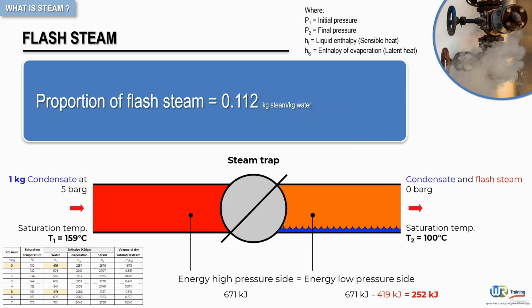So, 0.112 kilogram of steam per kilogram of water, or simply 11.2% by weight. The proportion of flash steam produced can be thought of as the ratio of the excess energy to the enthalpy of evaporation at the final pressure.